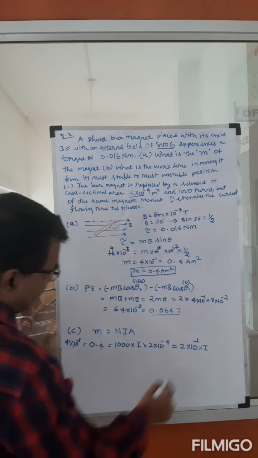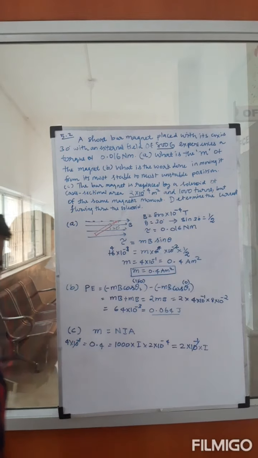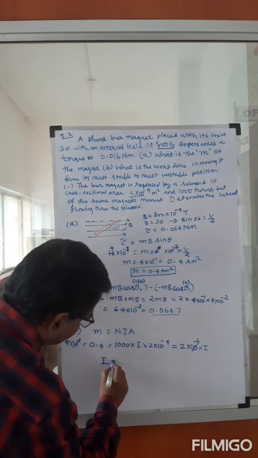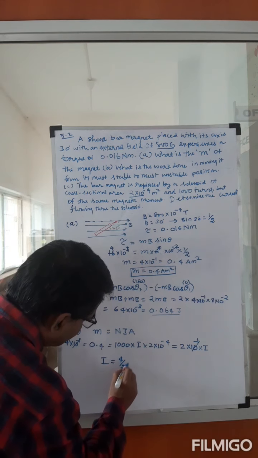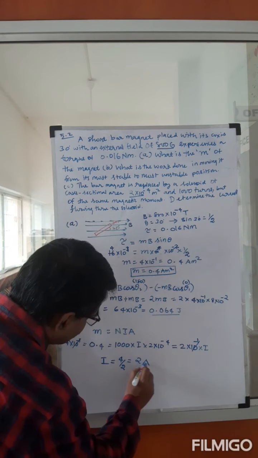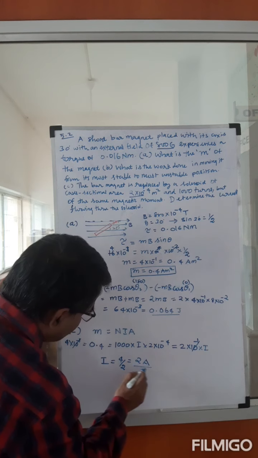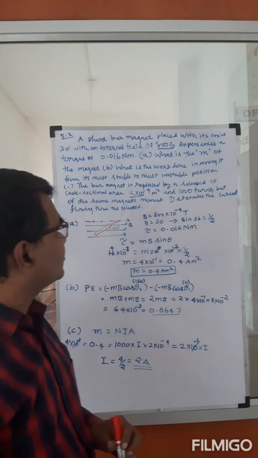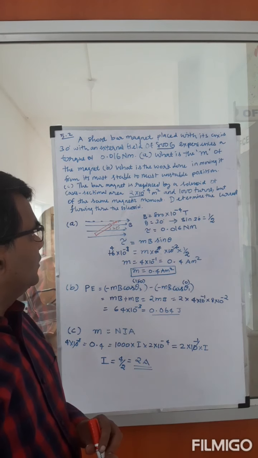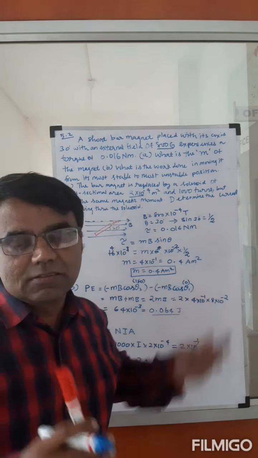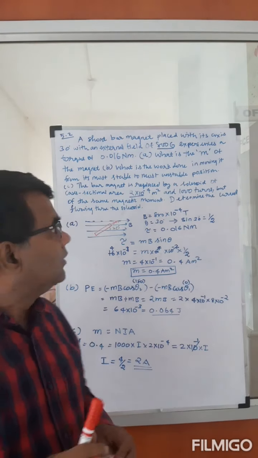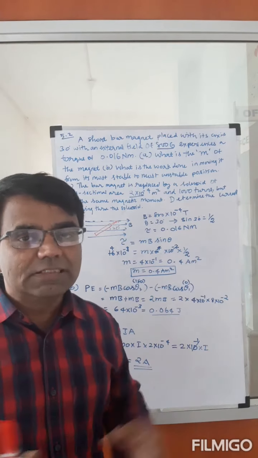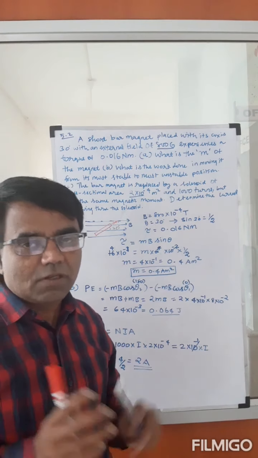So 10 power minus 1 can be cancelled, and I is 4 by 2, which is equal to 2 amperes. So that is the current flowing through the solenoid. It's not a difficult problem, pretty much a straightforward application of the formula, so you can very easily do it. Hope it's clear to you.